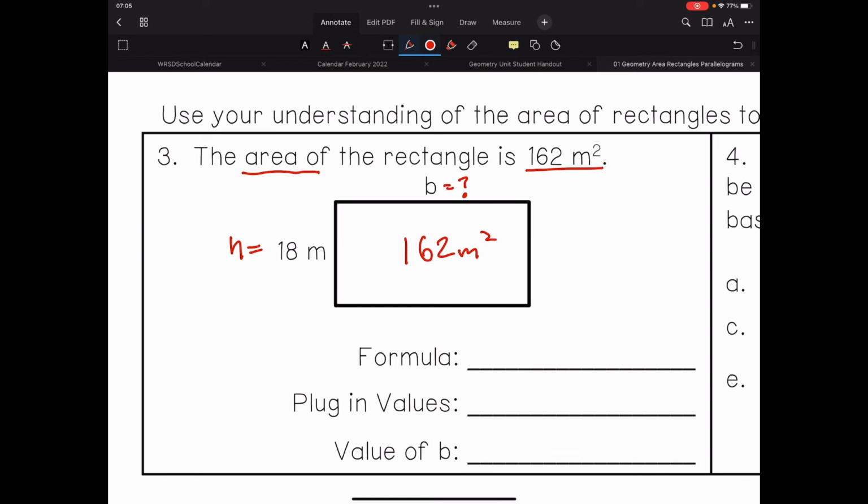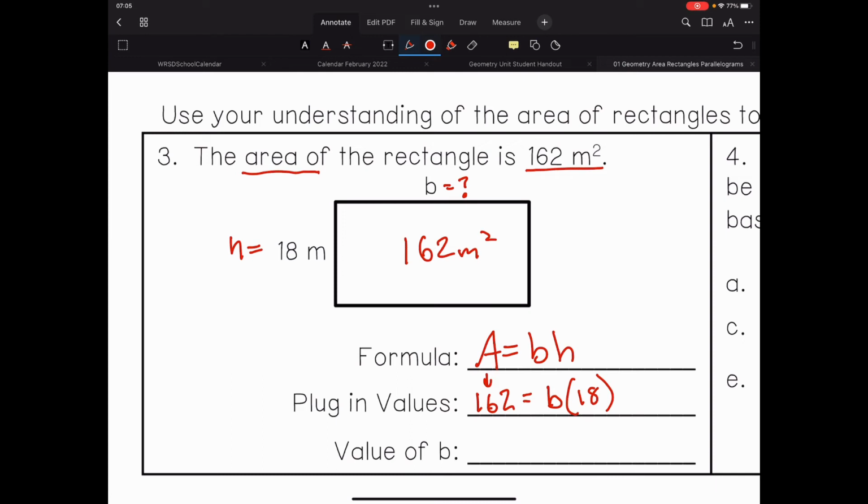Well, we know using our formula of area equals base times height that we can plug in the values. So in this one, we know the area is 162. We do not know the base though, and the height is 18. So something times 18 is 162, right?